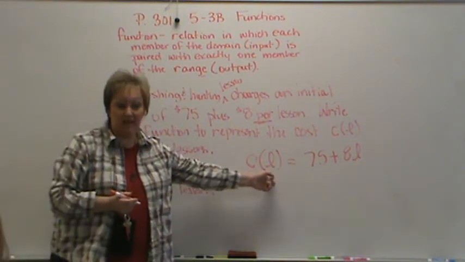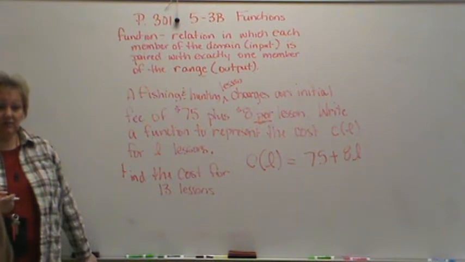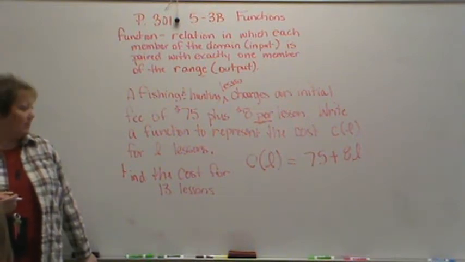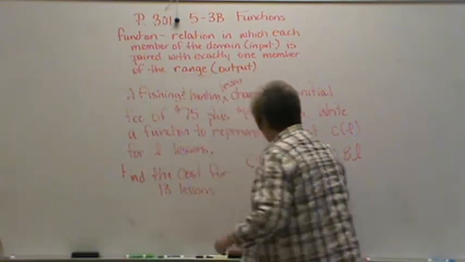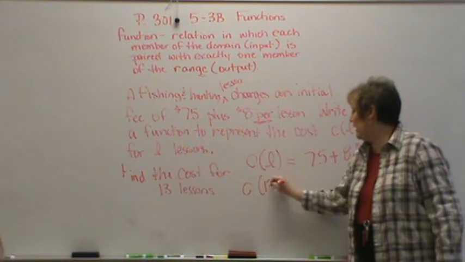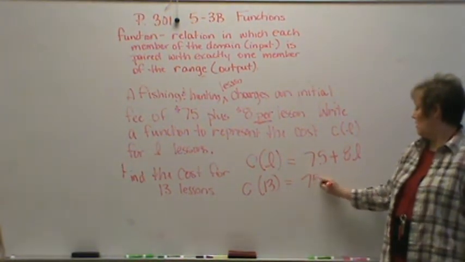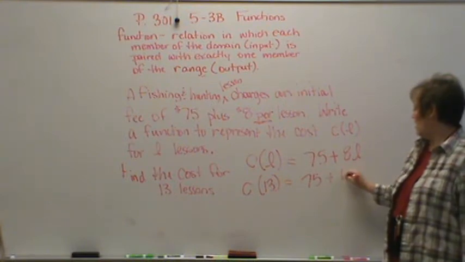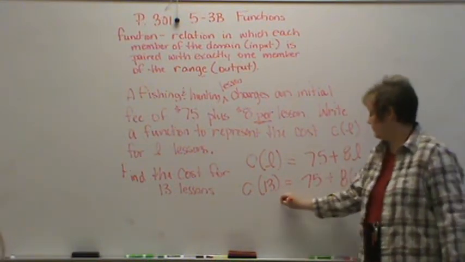This problem right here. How do I work it? I replace L with 13. So I've got the cost of 13 lessons equals $75 plus 8 times 13.